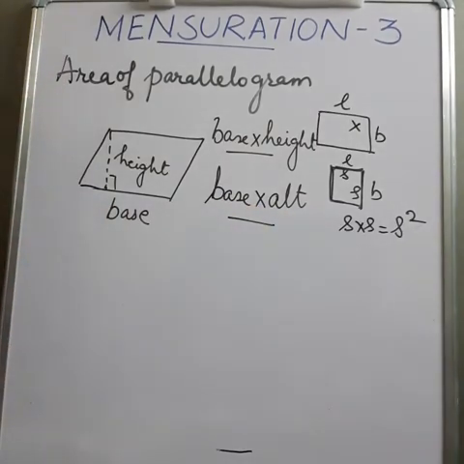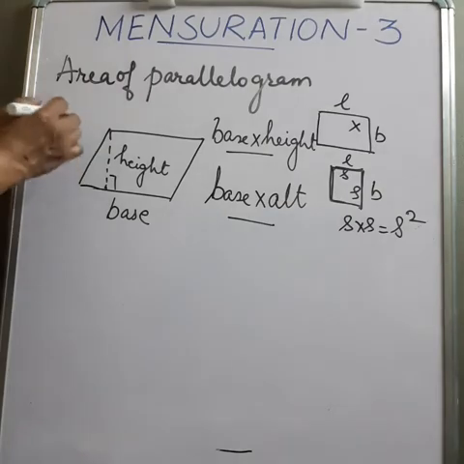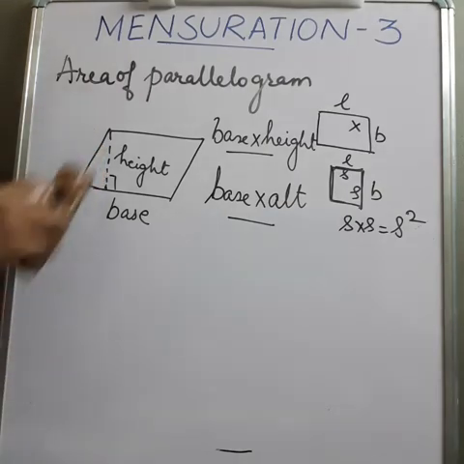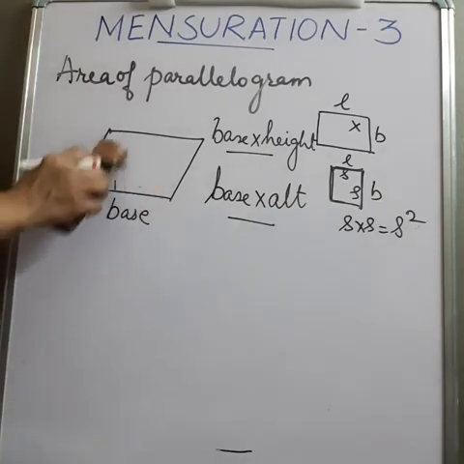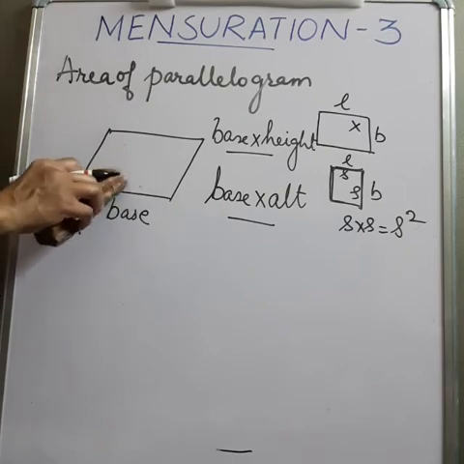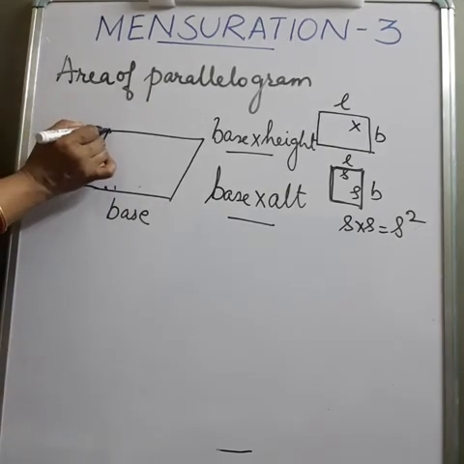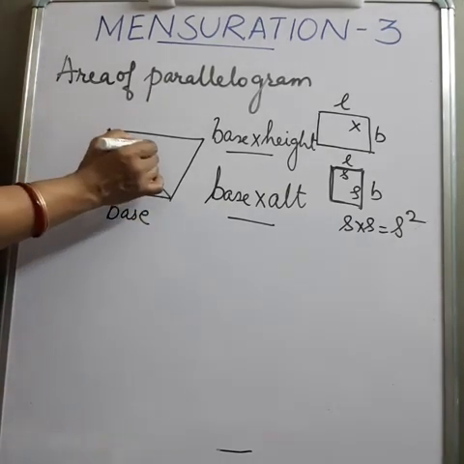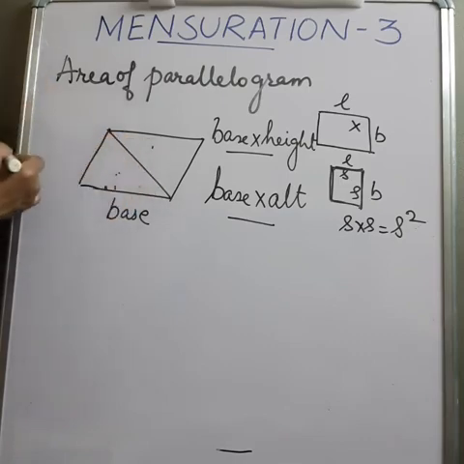Next, when we divide this parallelogram by a diagonal, we get two triangles.